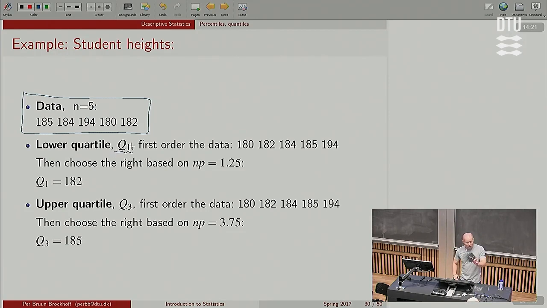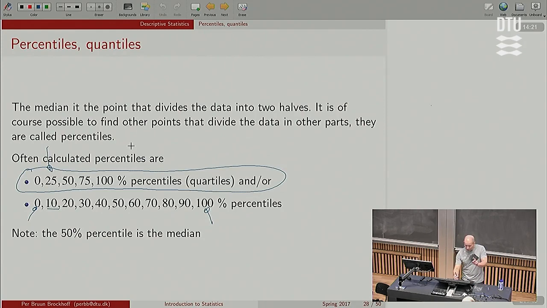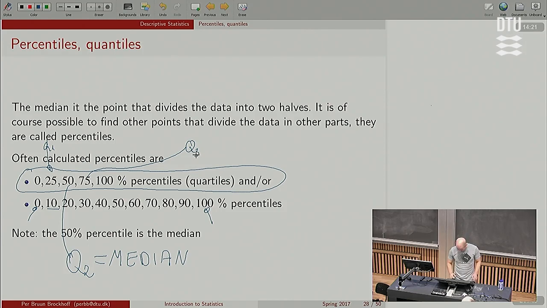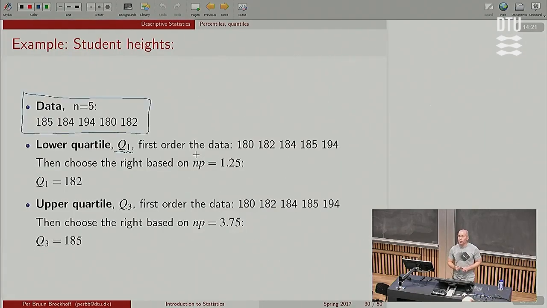It has a name. It's called Q1. This is called Q2. And then this one, the 75 percentile, that's Q3.